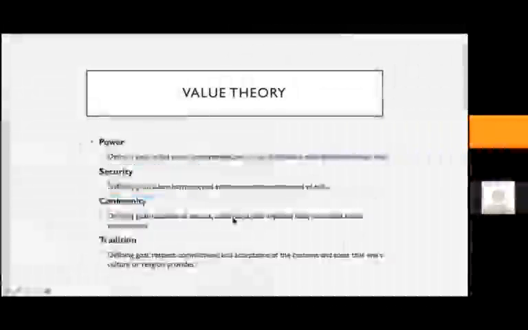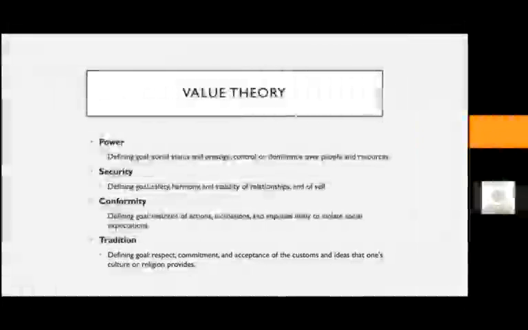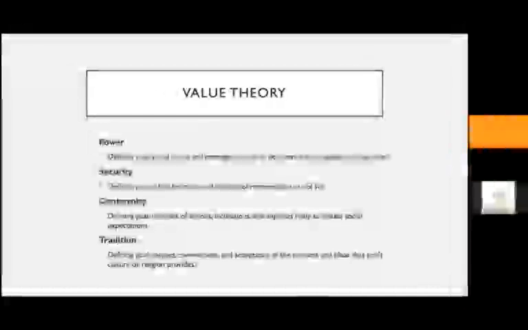And the next one was traditions. This one has to deal with respect. Now, the values of tradition and conformity, according to Schwartz, were almost the same thing, but conformity was more about social expectations, while tradition was more about religious beliefs and culture of the people.